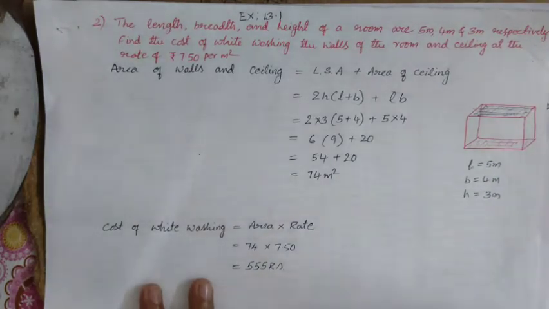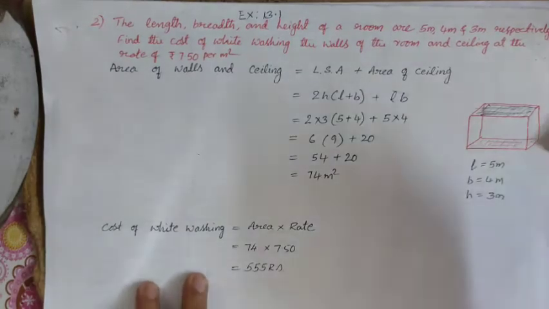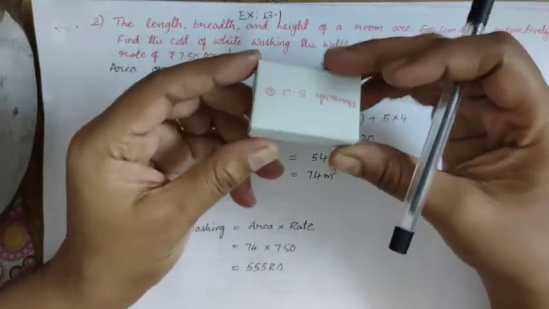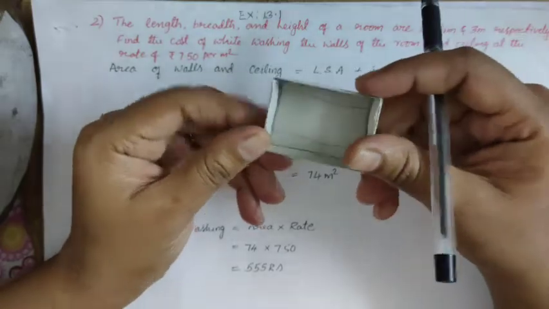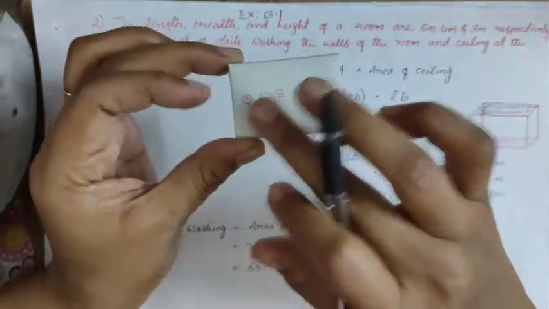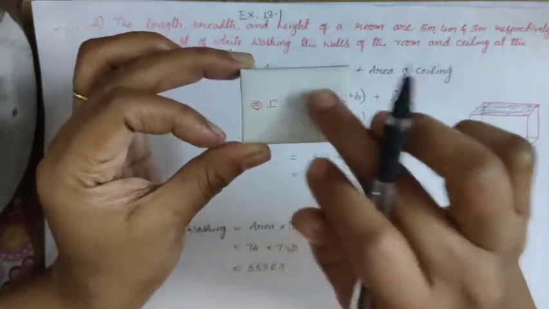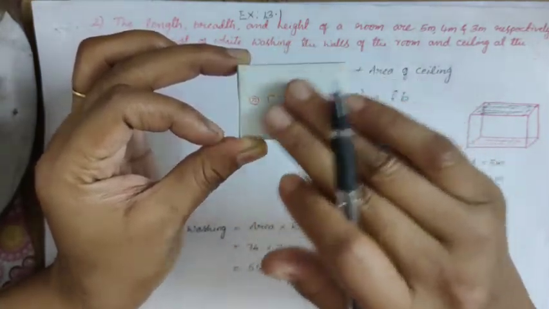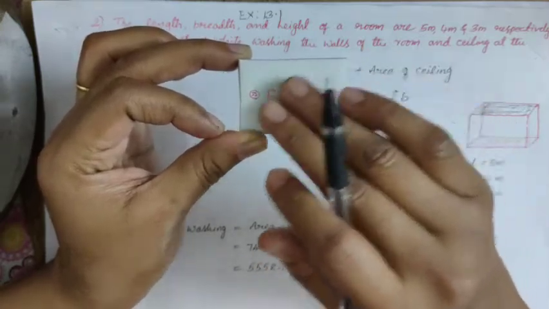How to find this? You can think this box is opened at the top. When we are painting the ceiling, the top of the building, we have to take this top face also.